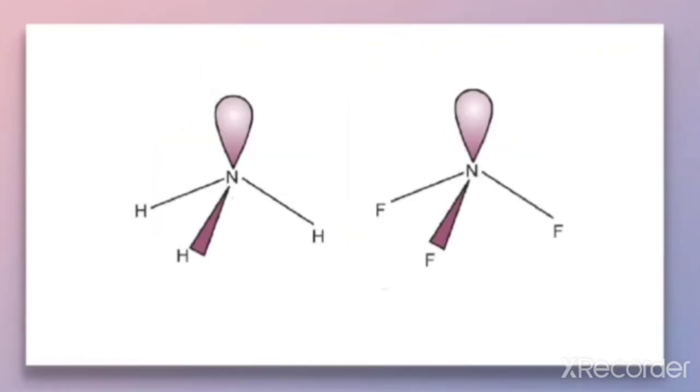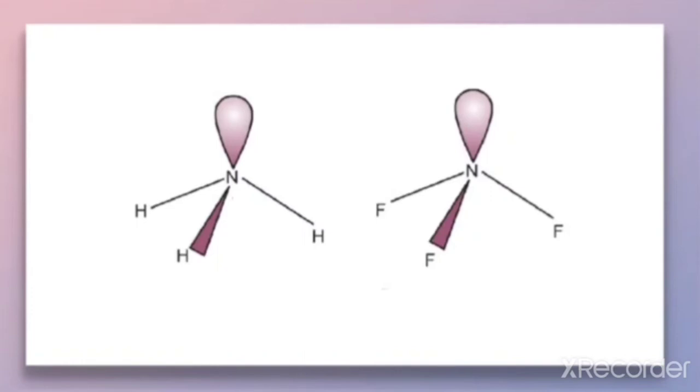Let us talk about an interesting factor in these molecules, that is, the bond dipoles. Here, in the case of NH3, that is ammonia, and NF3, which has the same structure as ammonia, that is 3 bonds and 1 lone pair.